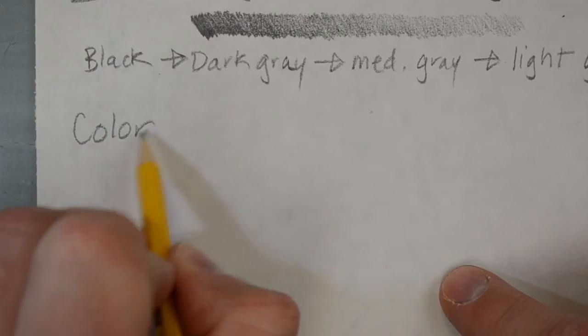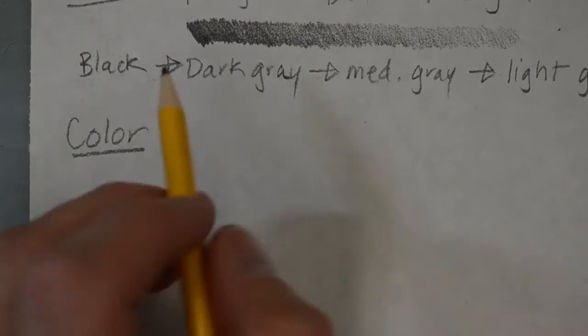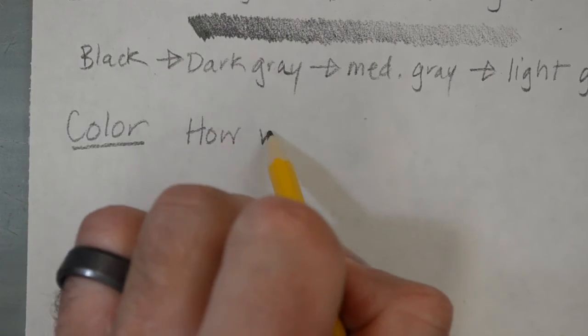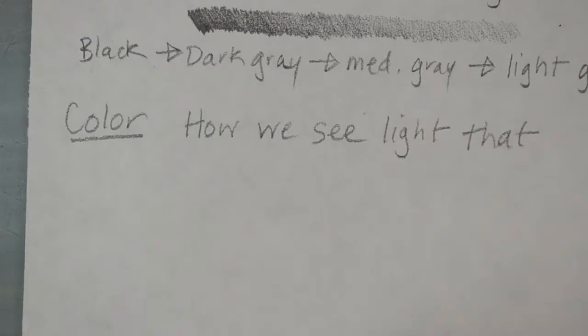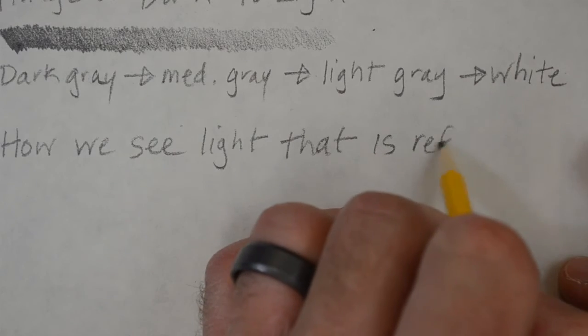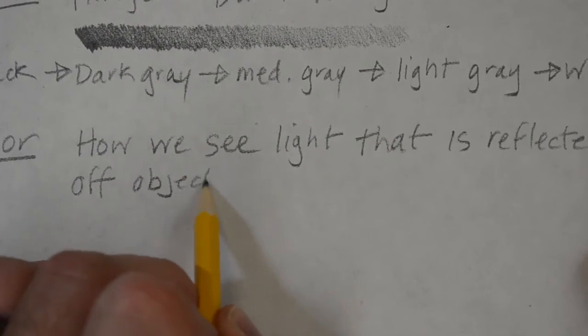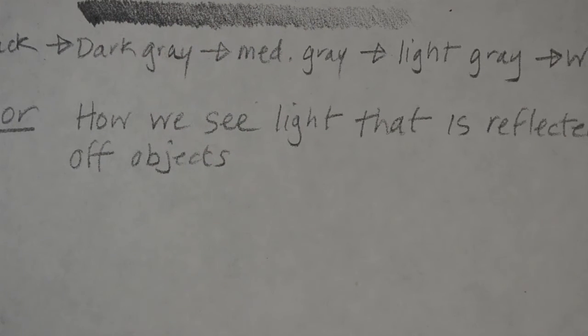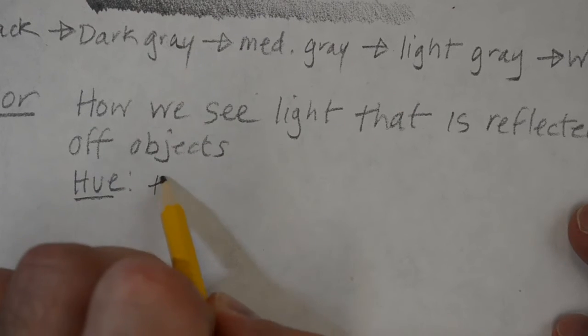The fifth art element is color. The definition for color is a little bit difficult because it's kind of science-y, not very artsy. Basically, it has to do with how light is reflected off of objects and how we see that reflected light.